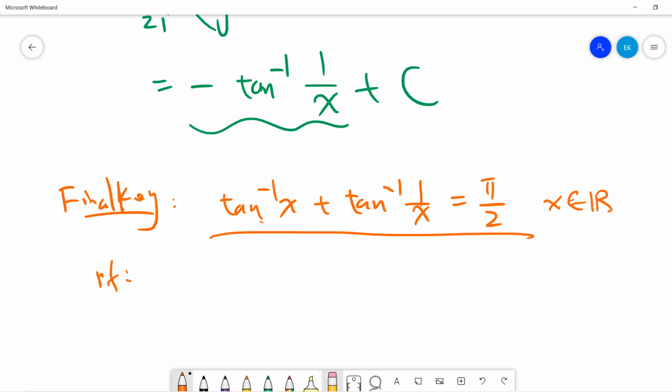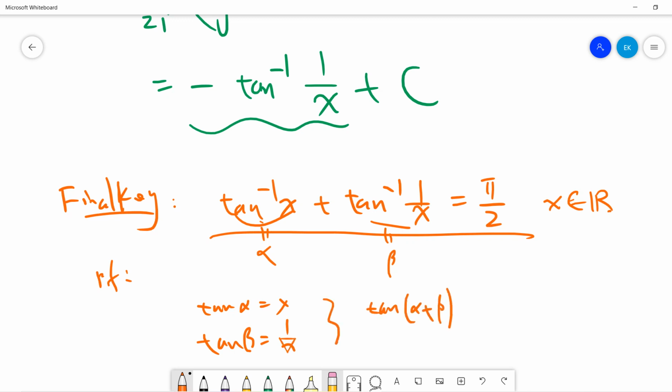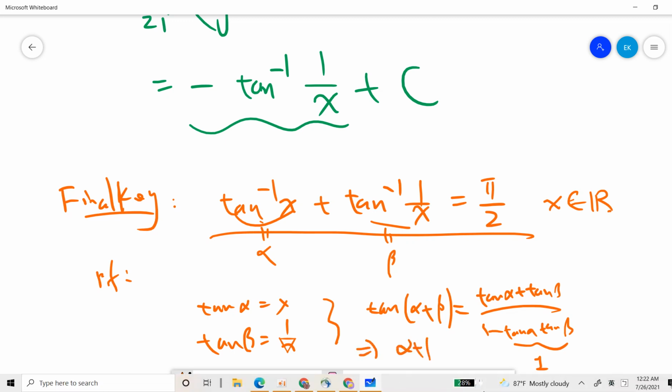Let this be alpha and this be beta, so tangent alpha is x and tangent beta is 1 over x. It is easy to prove that tangent of alpha plus beta equals (tangent alpha plus tangent beta) over (1 minus tangent alpha tangent beta), and you see the denominator is 0. That means alpha plus beta must be pi over 2. So this is a proof.